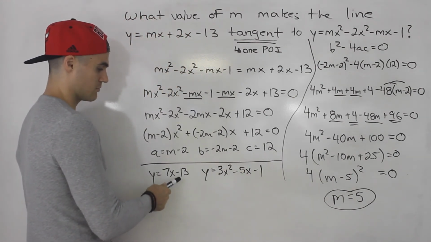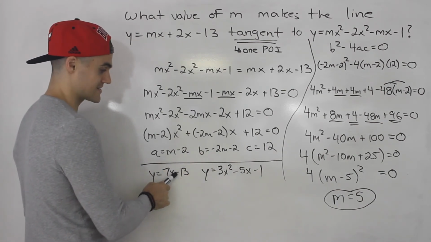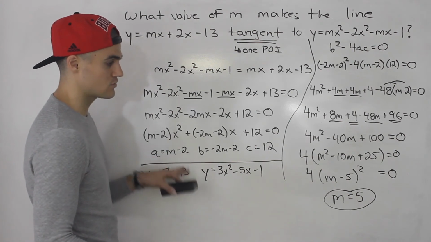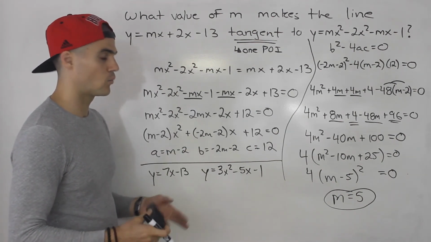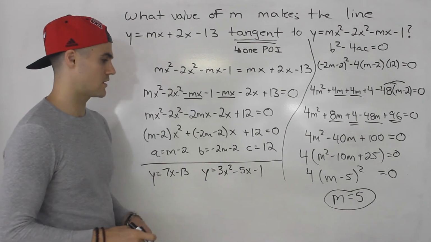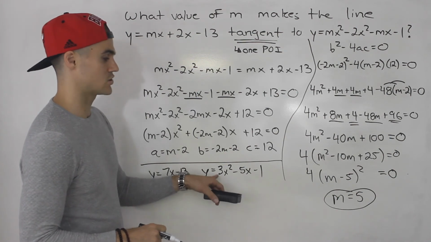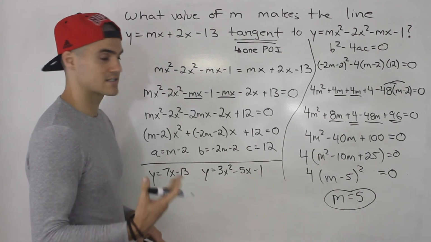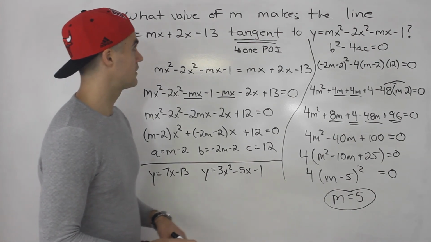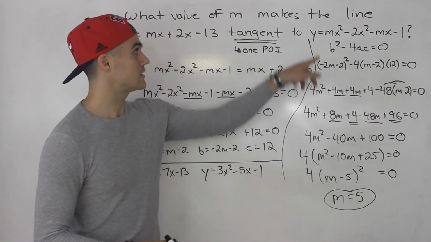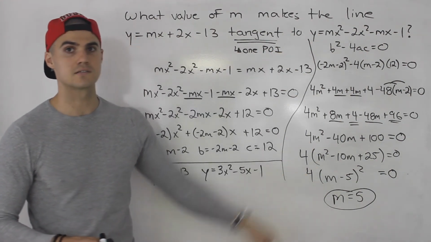So you could check your answer by finding the point of intersection, or the points of intersection, between this line and this quadratic. And when you follow the same process we've been following, you should get one solution, right? There should be only one point of intersection because this line has to be tangent to this quadratic. So that's how you could check your answer if you have the time. But nevertheless, the m value that makes this line tangent to that quadratic is 5.